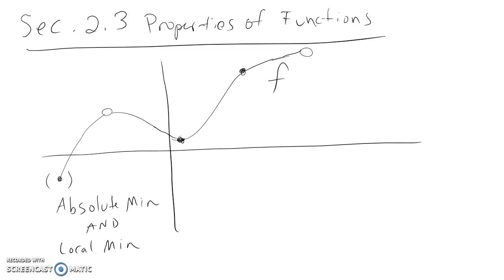It's an absolute minimum because it's lower than any other function value on the function for the entire interval on which f is defined. And it's a local minimum because there's these parentheses I'm using to signify that there's an open interval where all the values of f in that interval are larger than the value of f, or the y value, at that point.